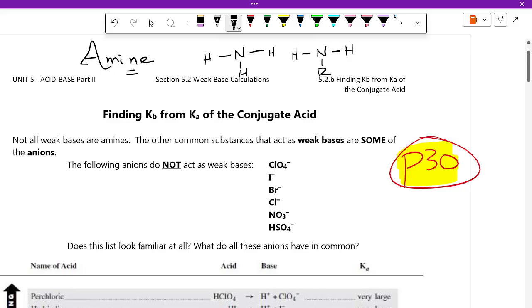R group. Or an N with 1 H and 2 R groups. Or an N with 3 R groups.